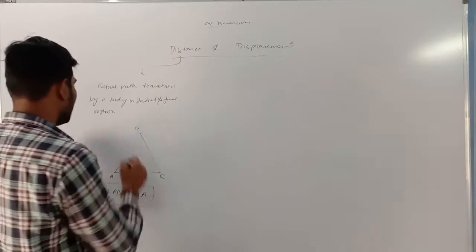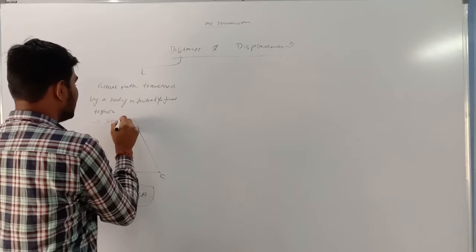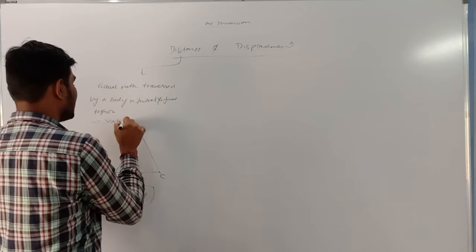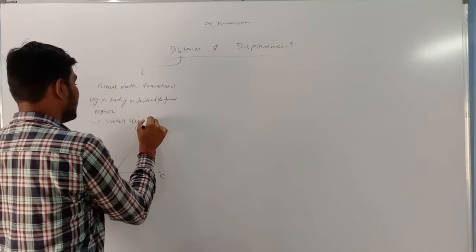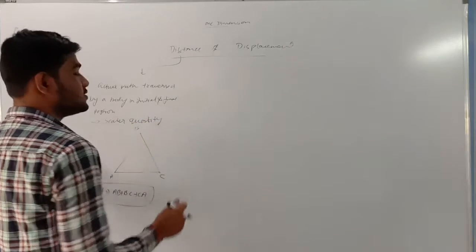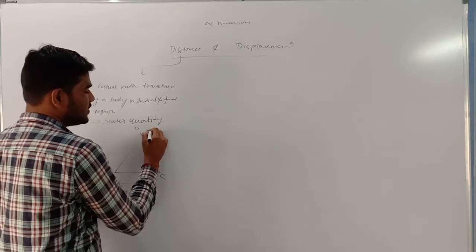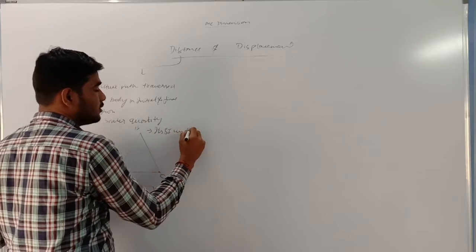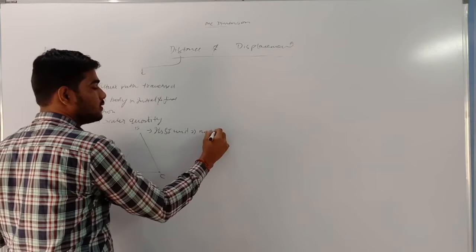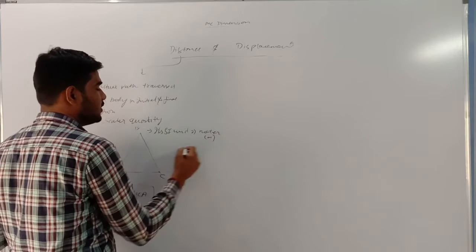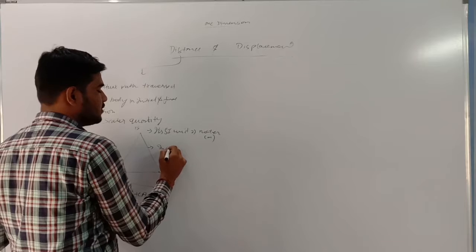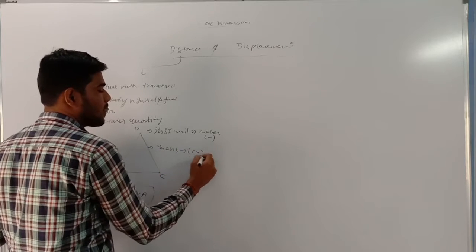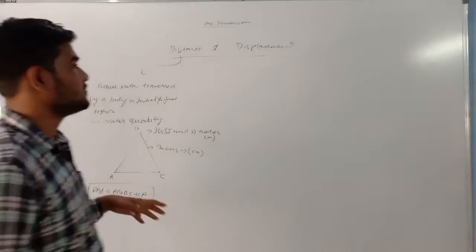Distance is a scalar quantity, and its SI unit is meter, and its symbol is m, and in CGS its unit is centimeter.